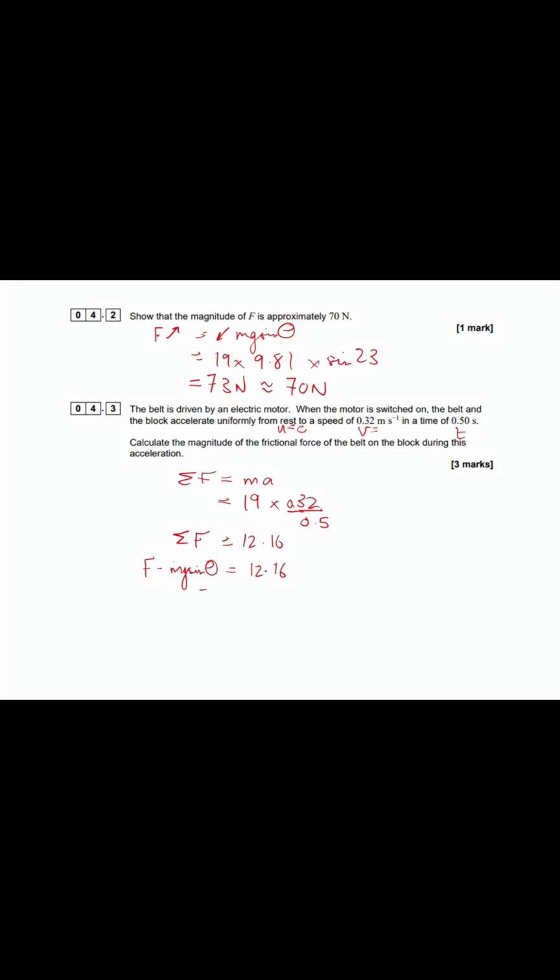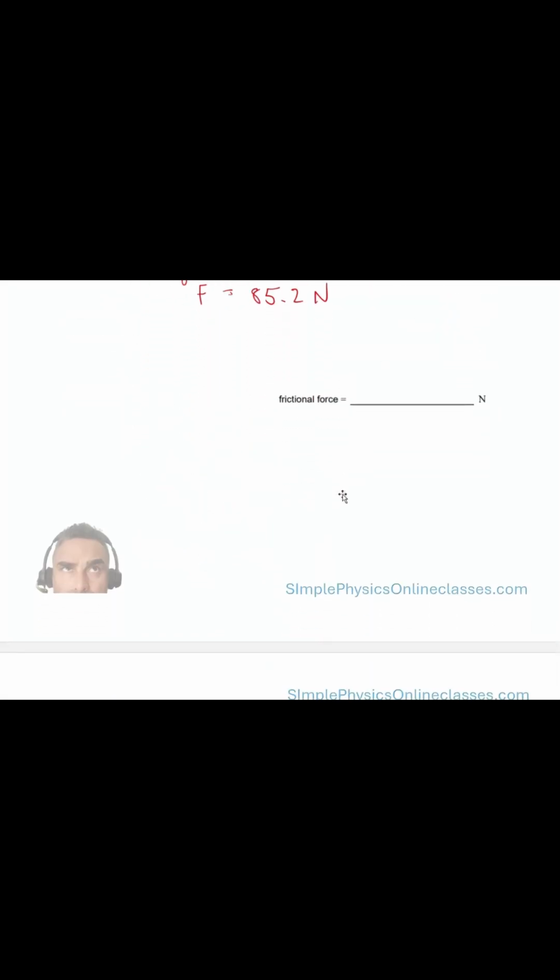So you can work out F, you just got to add the 73 in my case to this. So that gives me 85.2 newtons or 85 newtons. So this must be the force from the belt when it's accelerating upwards, because when you subtract the 70, that will give you your ma. So that's not too difficult.